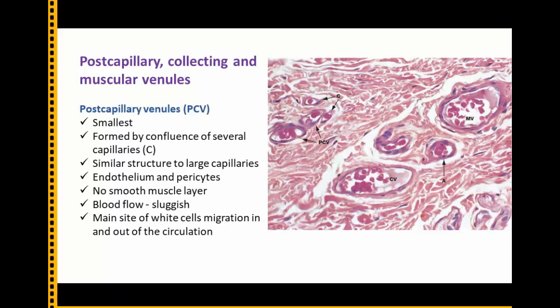You have heard in the morning about macrophages. When macrophages migrate, yes, in situations of inflammation. During inflammation, this is the main site of migration of white cells into the tissues.